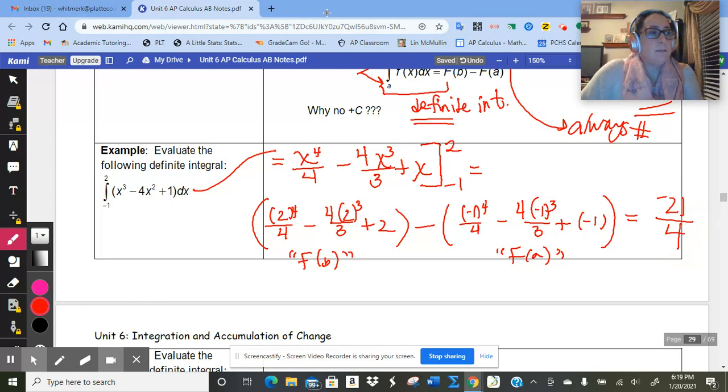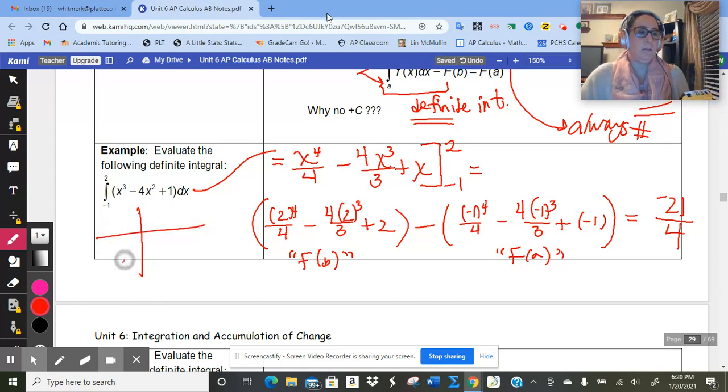and then I simplify to get my value. So if I was to look at the graph of this, let's just look at it really quick. So let's go to our y equals and type in x cubed minus 4x squared plus 1. And we're only really looking at it from -1 to 2. Let's just sketch that really quick. I'm only looking from like -1, maybe like right here, all the way until 2, which maybe looks like about right here.